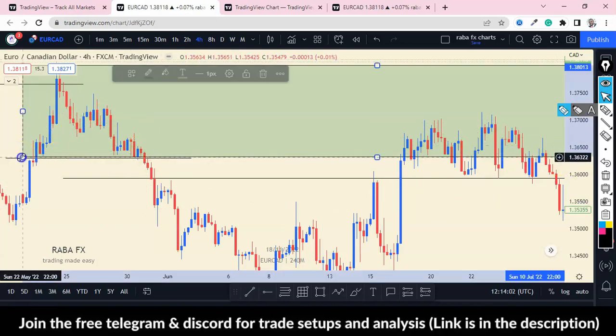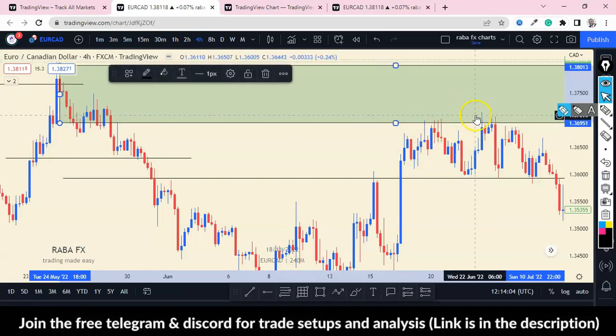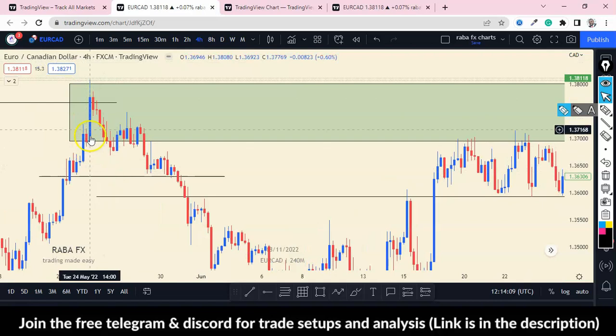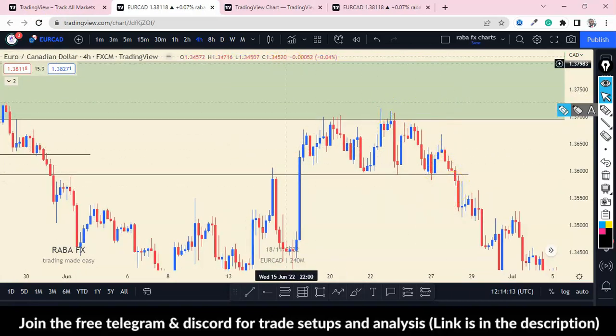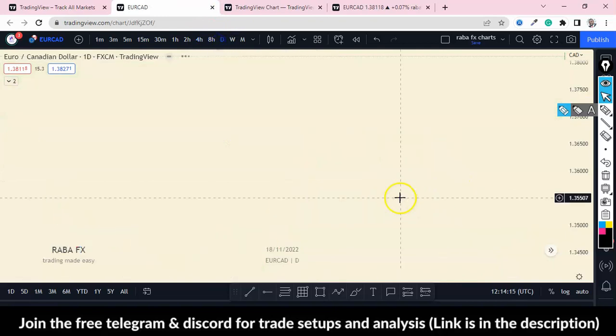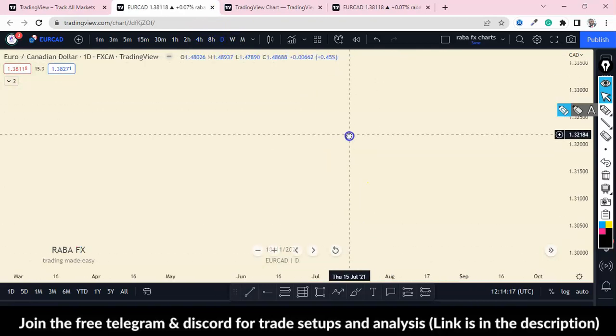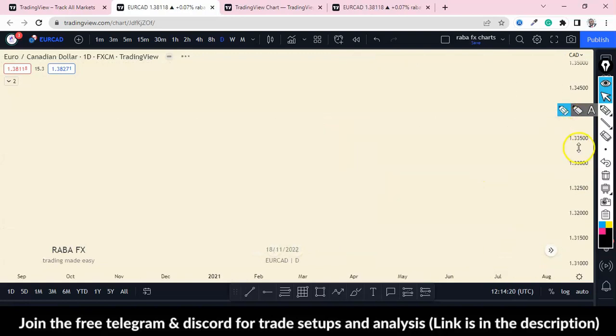So eventually, price came up here and tapped into that order block. You can consider this as the order block, the last bullish candle. Then this is where you can take the trade. But on this particular time frame, on the daily, we don't have a strong order block.